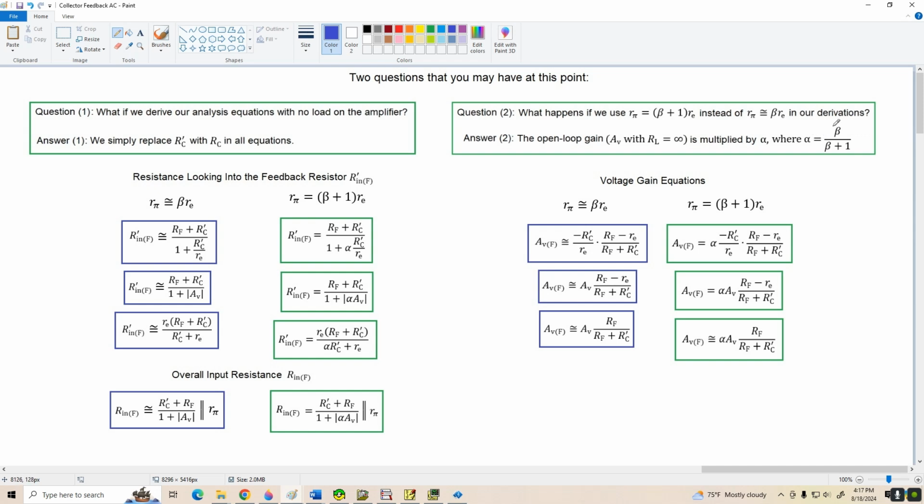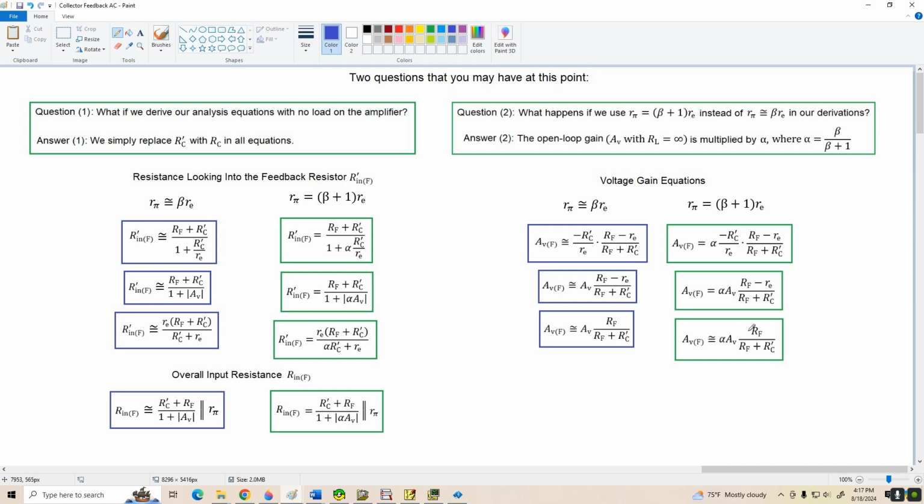That is, alpha equals beta over beta plus 1. And those modifications are shown here in the green boxed equations. Going through the derivation with R sub pi equals beta plus 1 times little re gives us these versions of the equations. All right, now let's go on over and derive the output resistance.